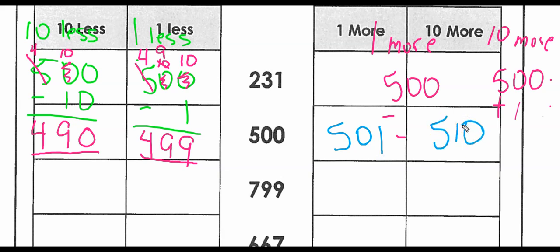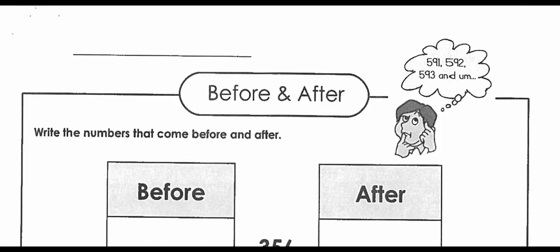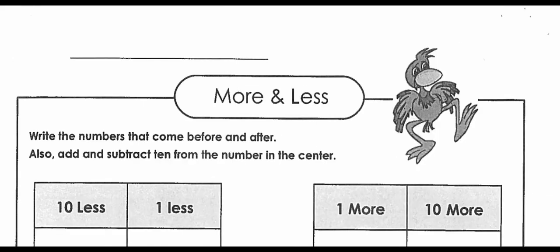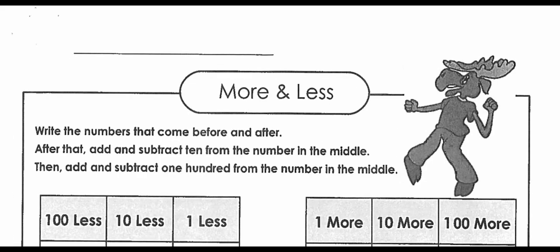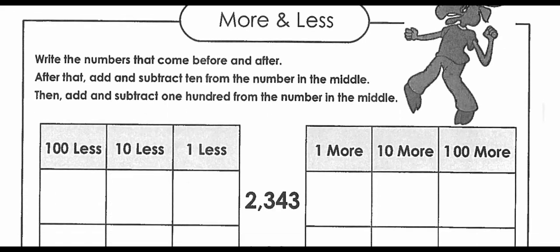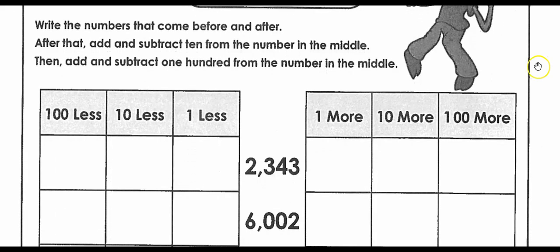So let's move on to the next page, page 7. Okay, again, just examples that I'm showing you. Oops. So we're here. Same thing, more or less, but now they're adding one more. This is write the numbers that come before and after, which is 1 less or 1 more.